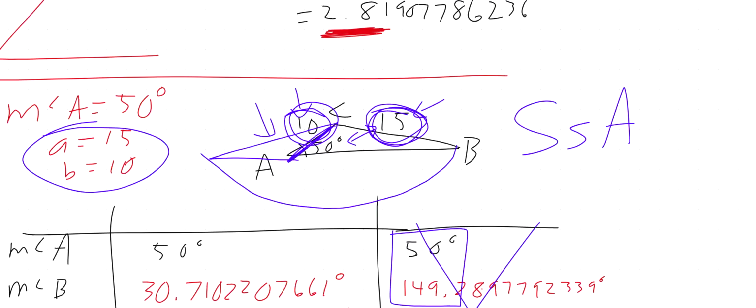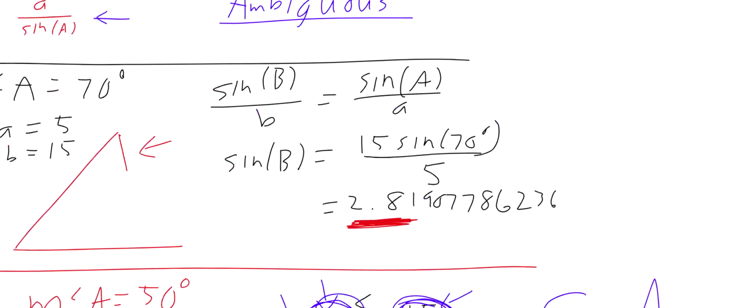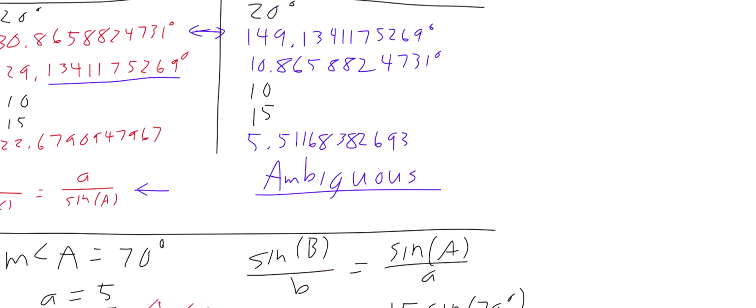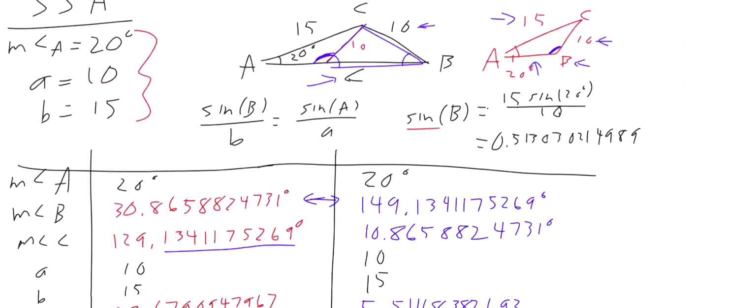Now, why is that true? Why does this happen? So back here, with our initial one where we had our two triangles, notice something here, and this is a little bit of a flaw with our law of sines.